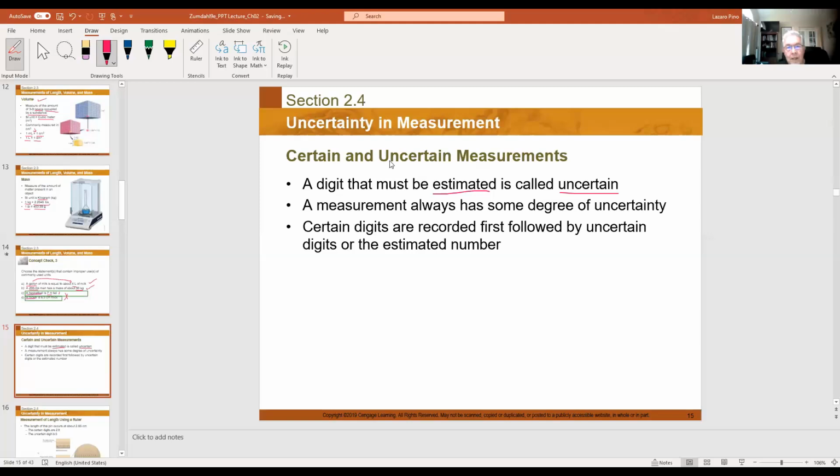What is the uncertainty of a measurement? Well, a digit that must be estimated is called the uncertain digit of a measurement. All measurements have a certain degree of uncertainty.